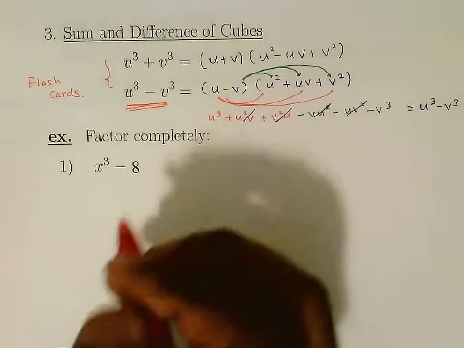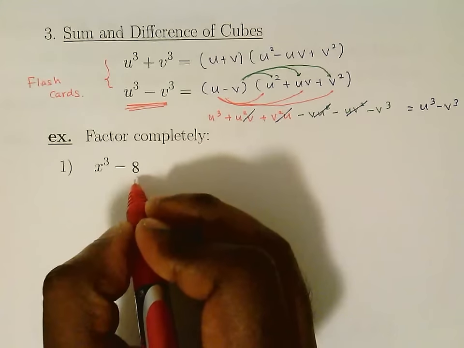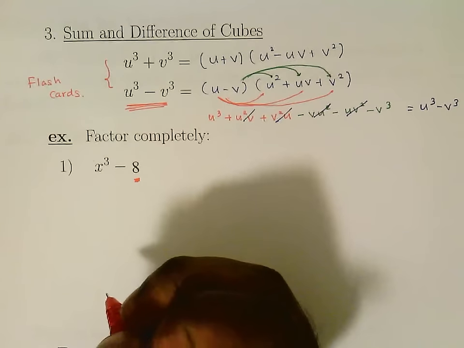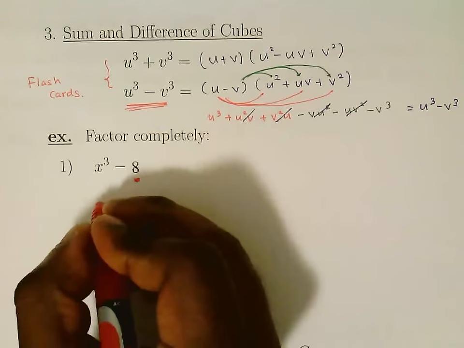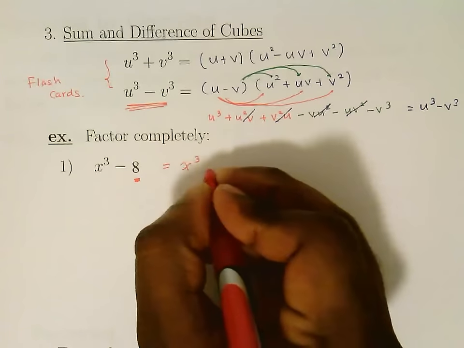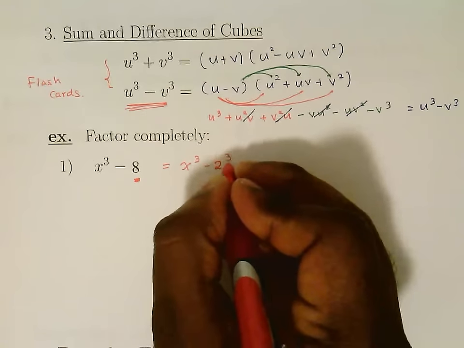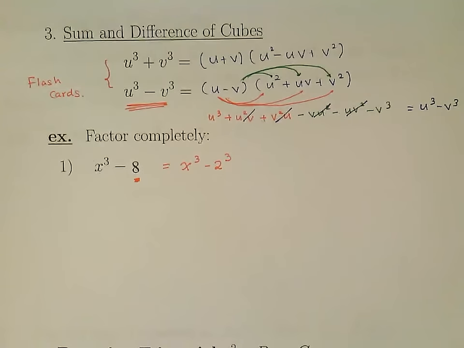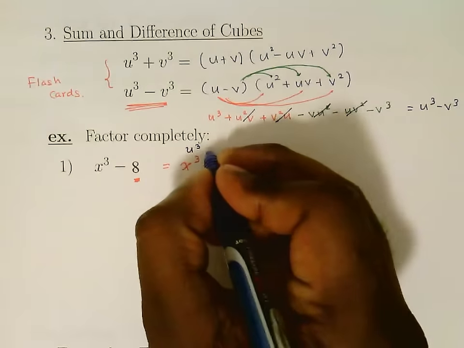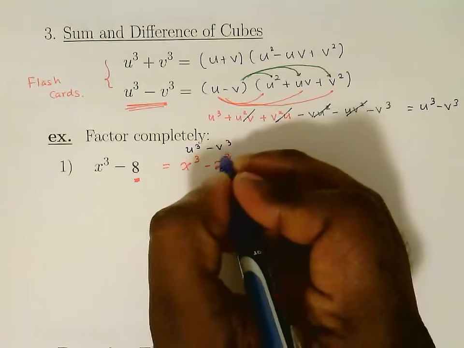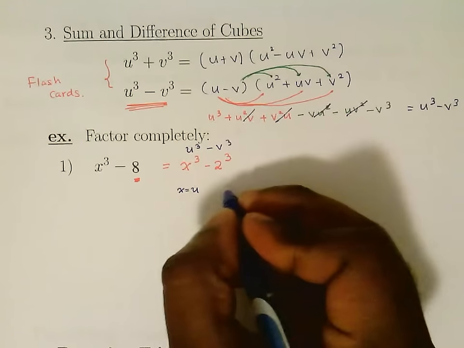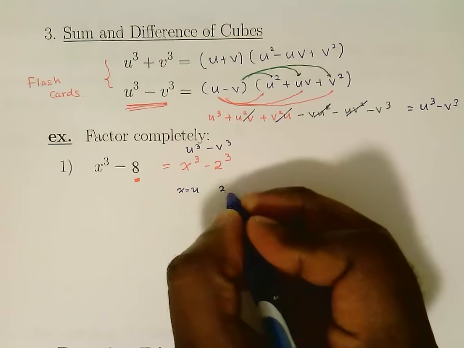It is not exactly clear at this stage what your v would be. So how do you find that? You would rewrite this as x cubed minus 2 cubed. The formula we use is the difference of two cubes, that is u cubed minus v cubed. And you can easily see that x is your u and 2 is your v.